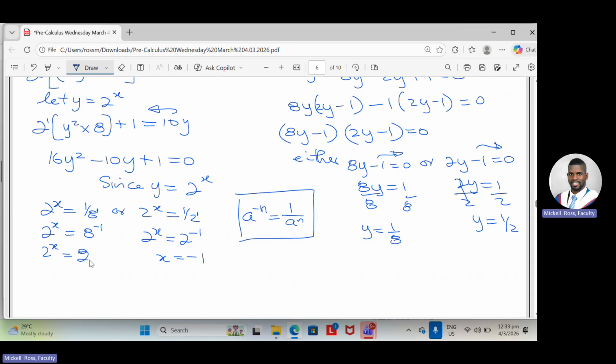So this is going to be 2 cubed to the negative 1, which is 2 to the negative 3. So x is equal to negative 3. So that rule can be used if you're not sure how 2 to the x would be equal to a half.